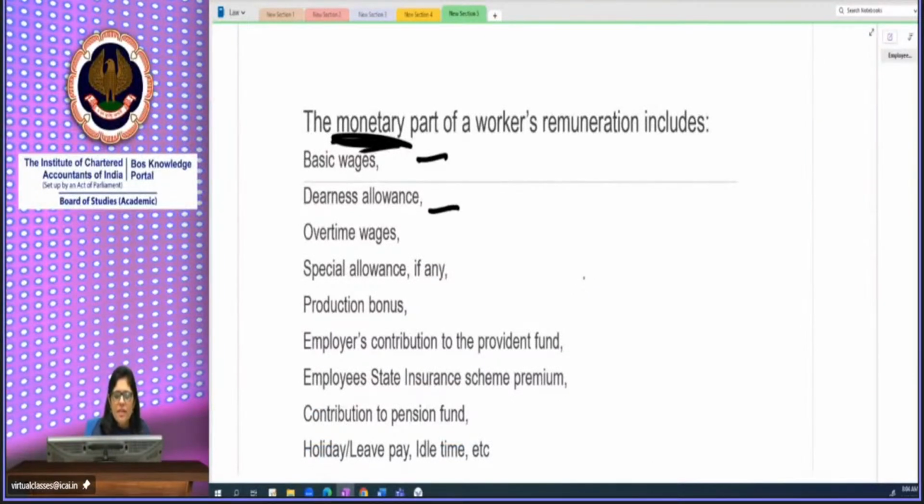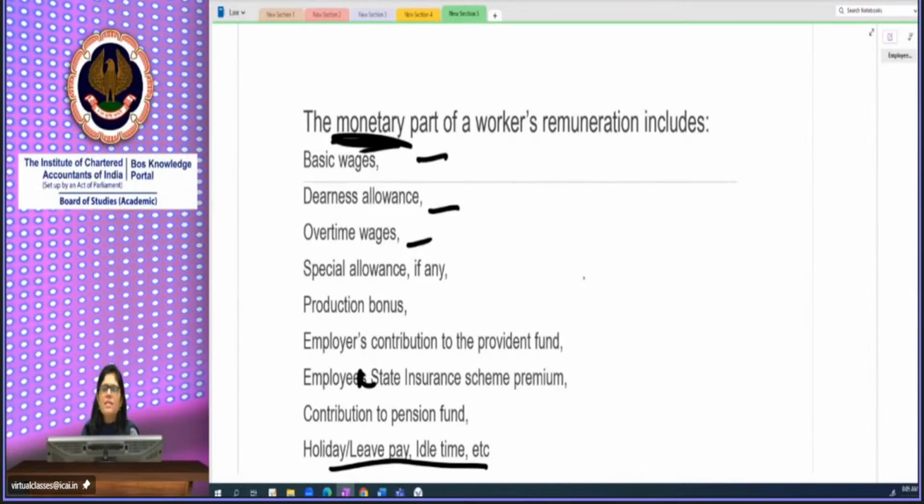Basic wages, DA, overtime, special allowance, production bonus, employer contribution to the provident fund, and contribution to pension fund, holiday pay, leave pay, idle time, whatever is being paid to the employee. All right. So whatever contribution the employer is paying, everything is part of the worker's remuneration.